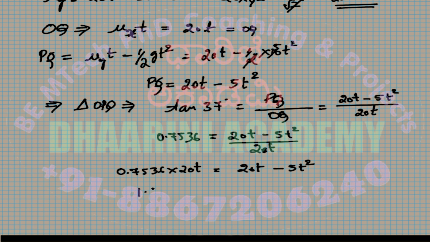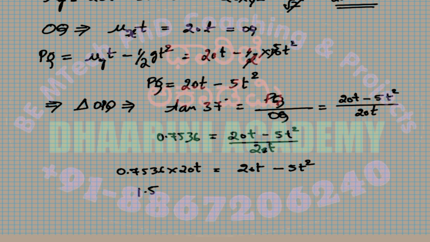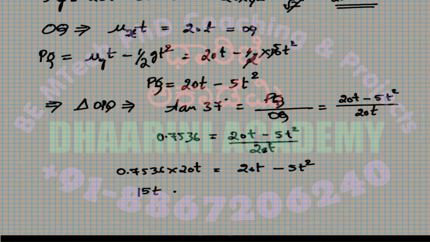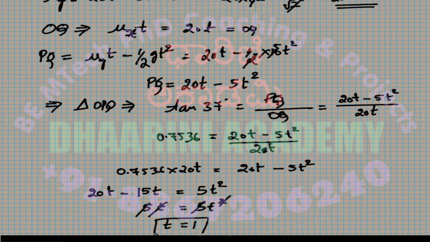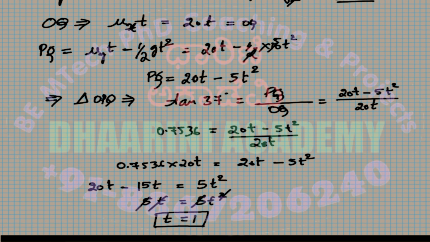This is approximately 15t. Let's take the minus 5t square to the other side: 20t minus 15t is equal to 5t square. So 5t is equal to 5t square. One of the t will cancel, 5 and 5 will cancel, so t becomes equal to 1 second. So the time of flight is 1 second.